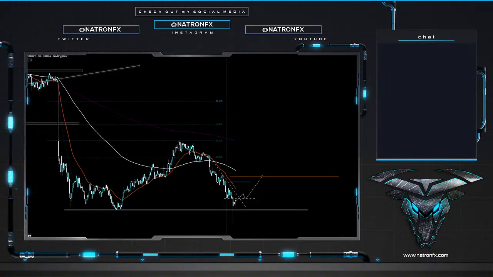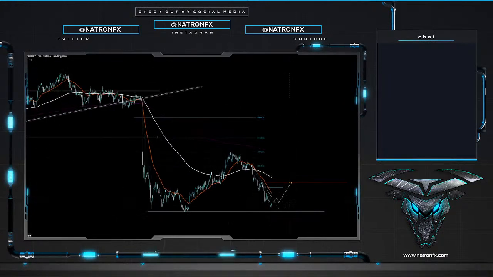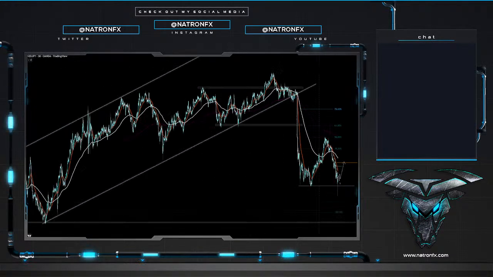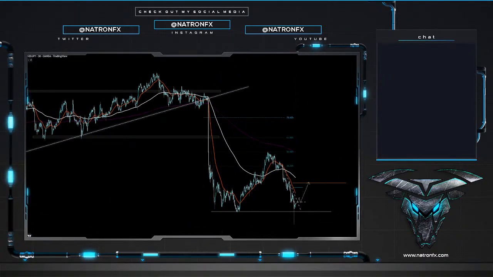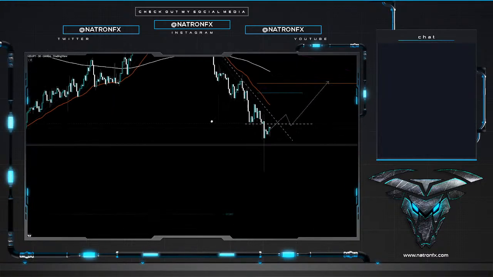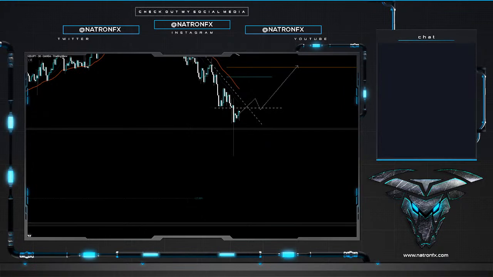What I will be waiting for, if I'm looking for shorts anyway, is a pullback around my white EMA, the weekly pivot, some sort of pullback first. Let's see here.